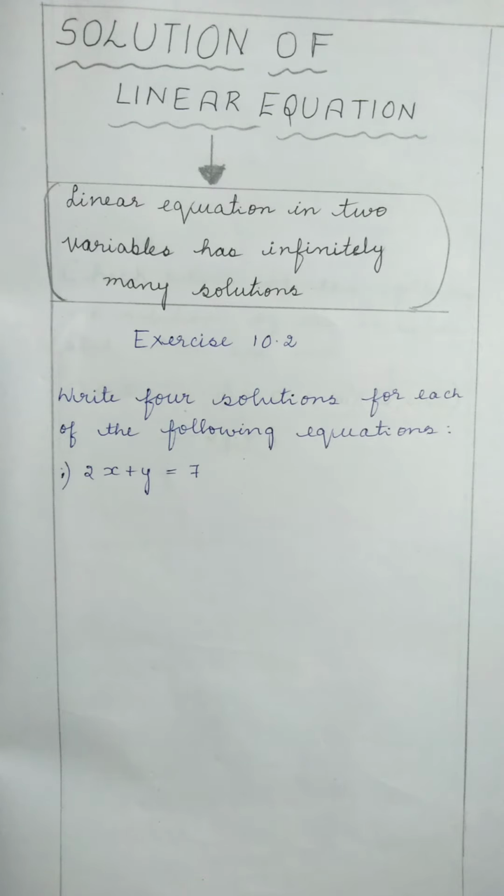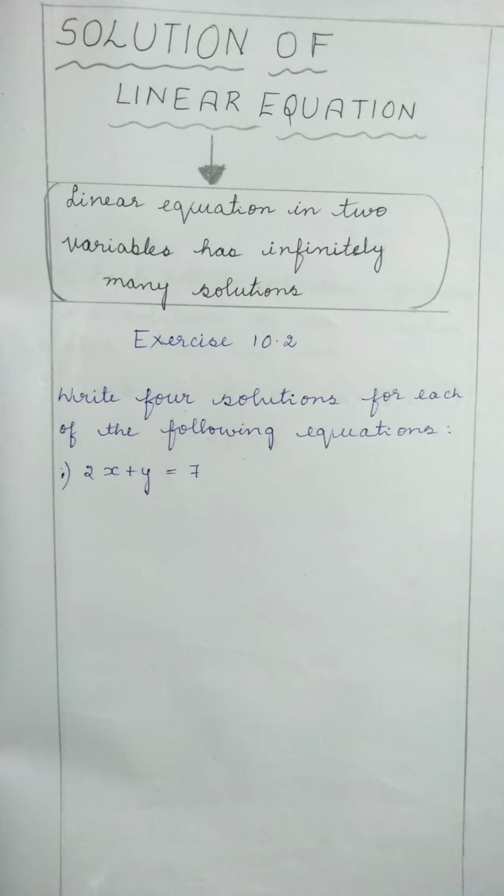That means when you give any values to x and y and apply those values in the equation, the LHS value and the RHS value should be equal. Then the given values of x and y become the solution of the linear equation.